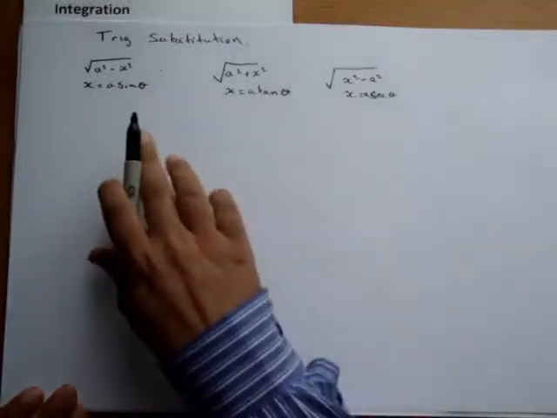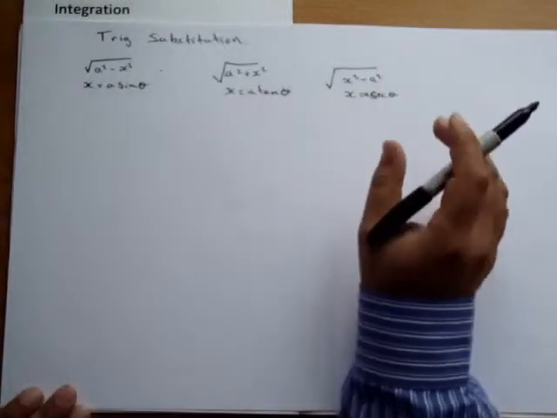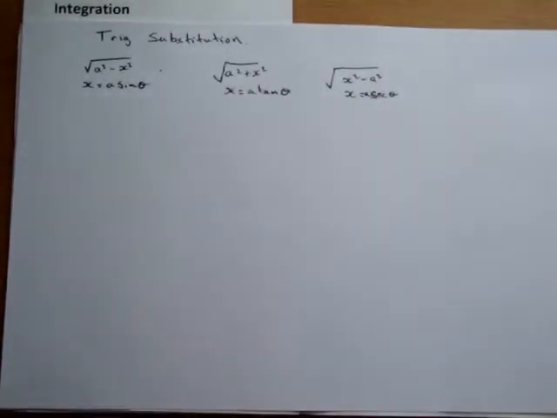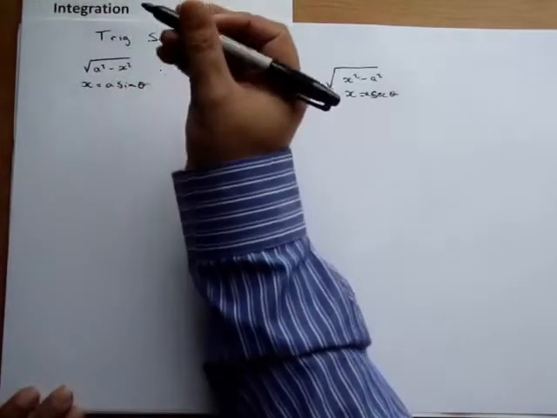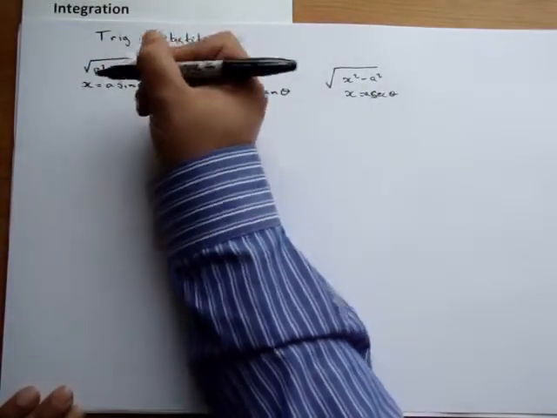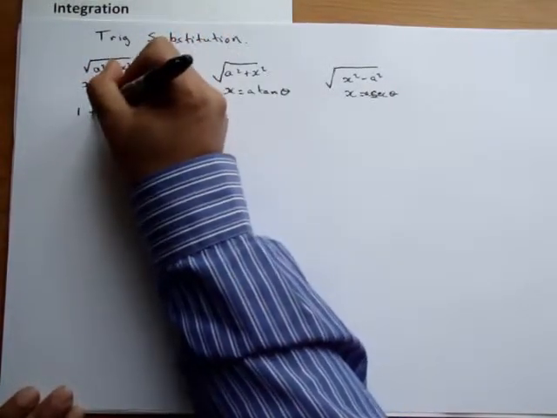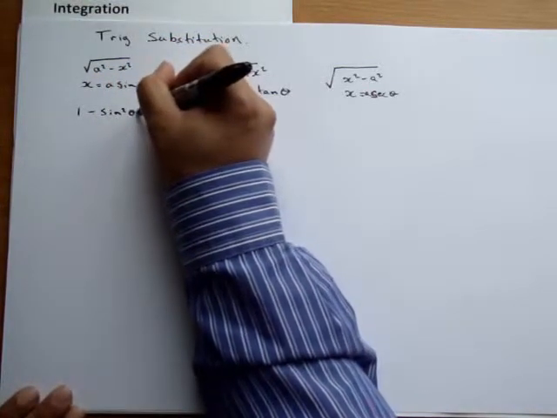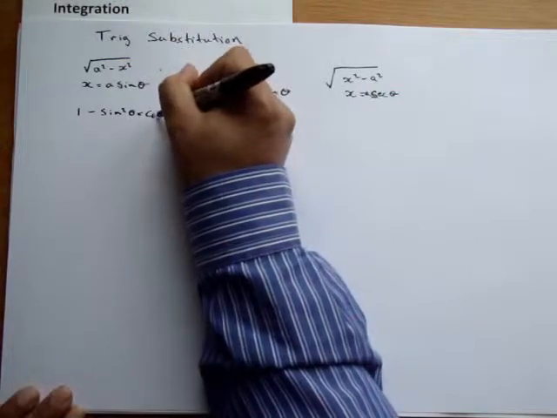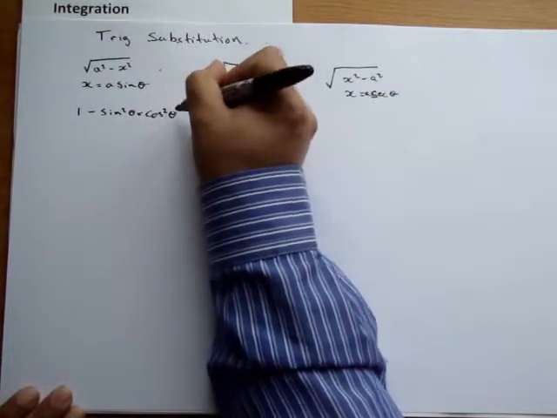Now, why do we choose sine, tan and secant? We choose these because we can use the identities. So for sine we use the identity 1 minus sine squared theta equals cos squared theta.